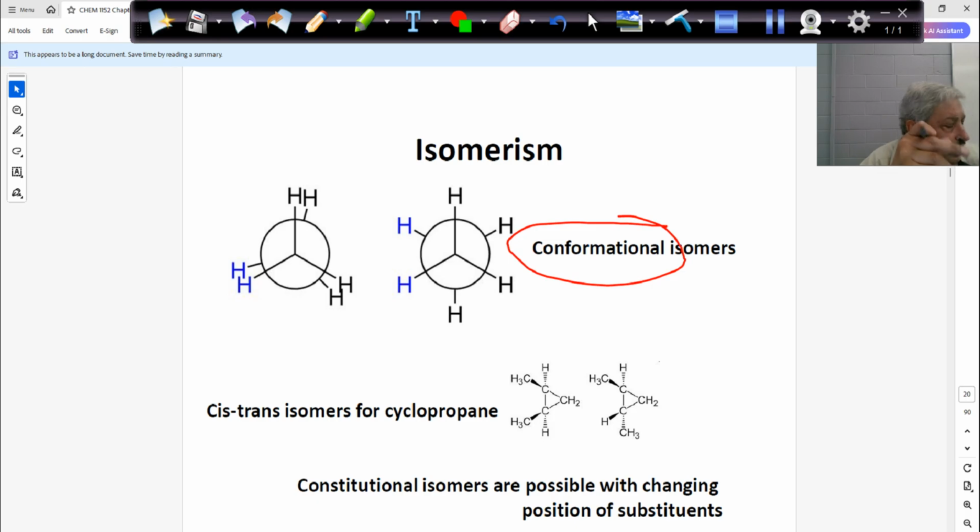They can rotate. They can spin around their axis. So what do we call this compound? Somebody will tell me. Come on, don't let me down. What do we call this compound here, this and this? Come on, guys. What's that?